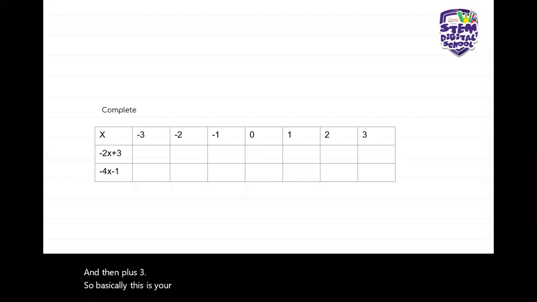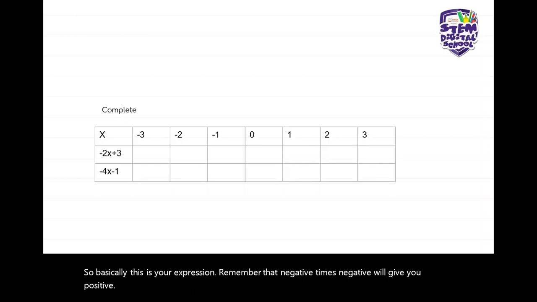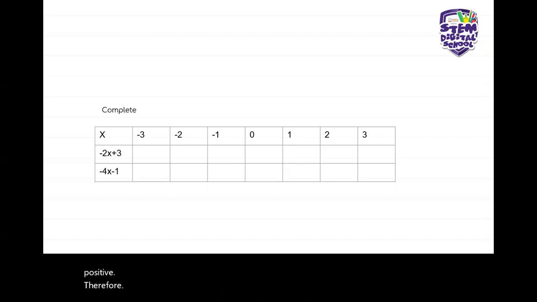Remember that negative times negative will give you positive. Therefore, you have y, which is equal to 4 plus 3. And what is 4 plus 3? Then you can find that 4 plus 3 will be 7. So Zamokuhle says the final answer will be 7.